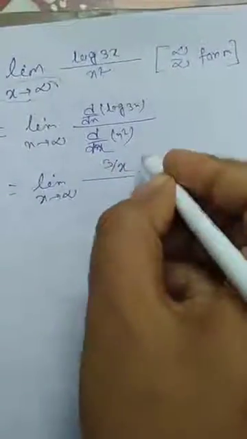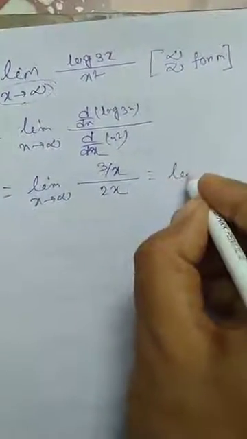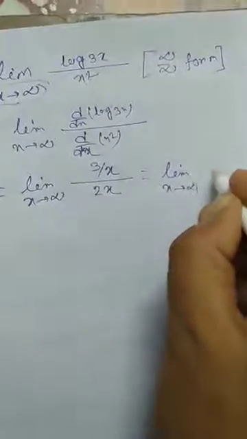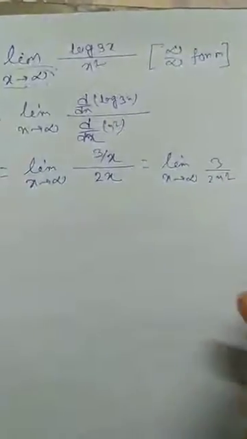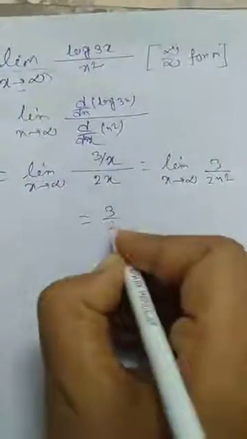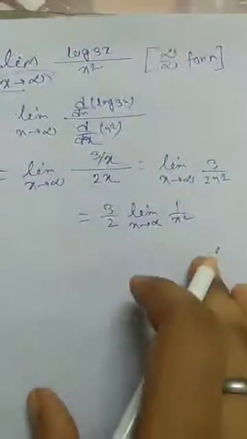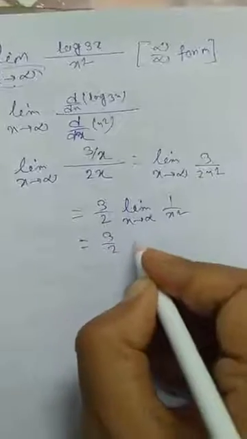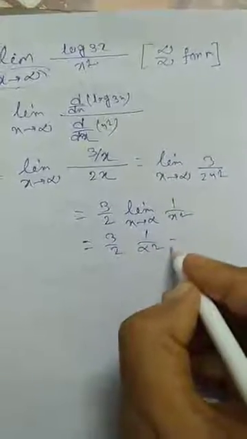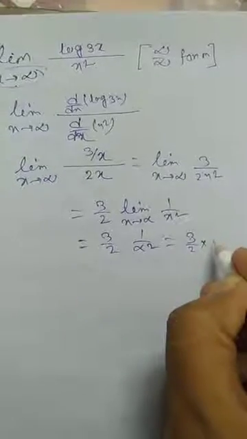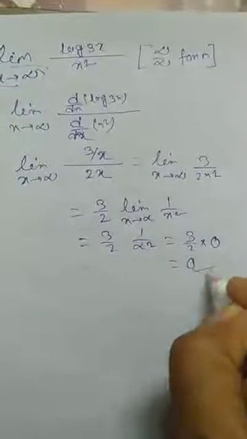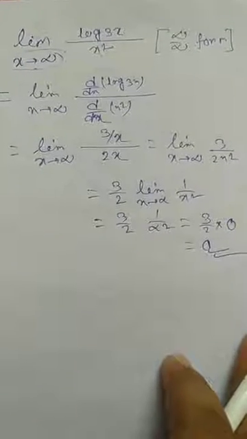And we know that derivative of log 3x is 3 by x and derivative of x square is 2x, and this is equal to limit x tends to infinity 3 by 2x square. As 3 by 2 is constant, we write 3 by 2 limit x tends to infinity 1 by x square. So this is equal to 3 by 2 into 1 by infinity square, and 1 by infinity means 0. So 3 by 2 into 0 is equal to 0. 0 is the answer.